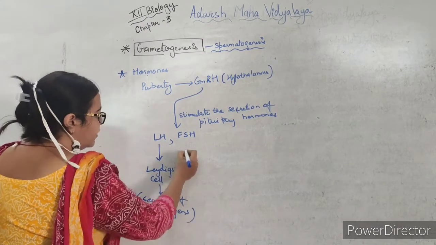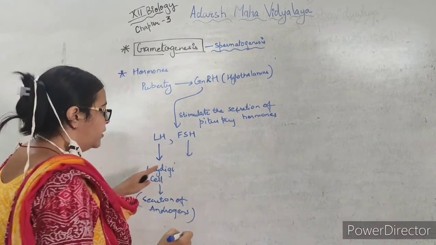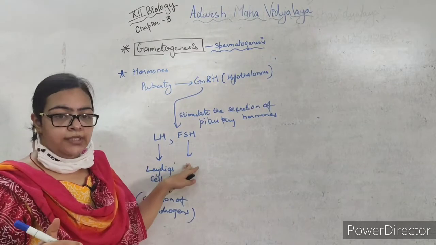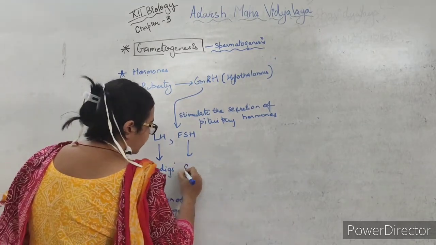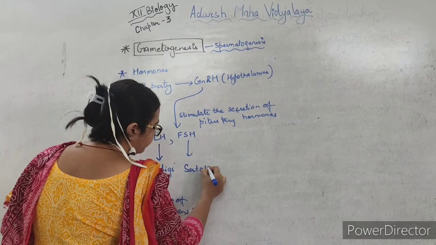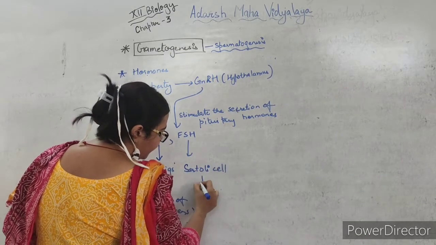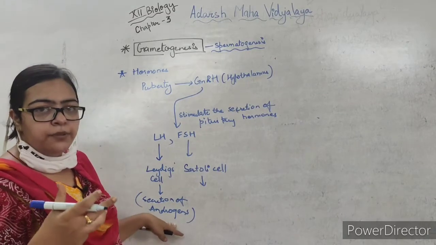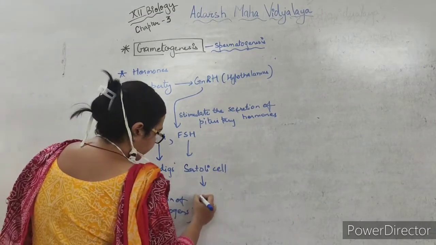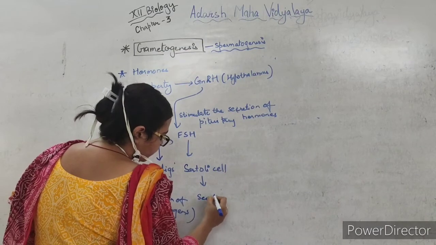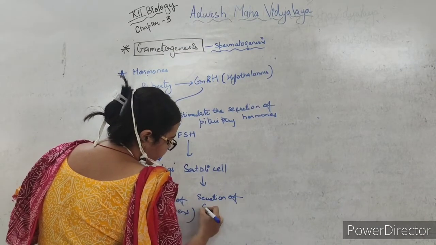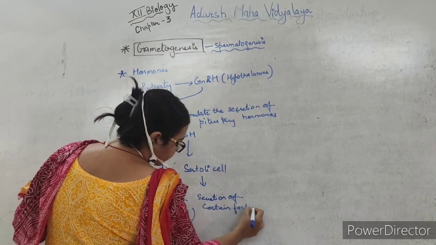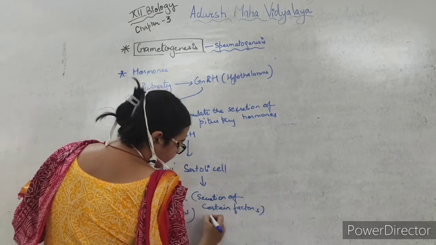This follicle stimulating hormone will act on the Sertoli cell, and it will help in release of certain factors which will help in the process of spermiogenesis.